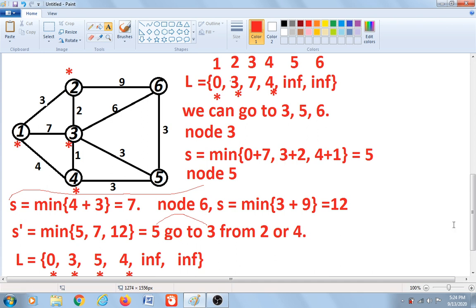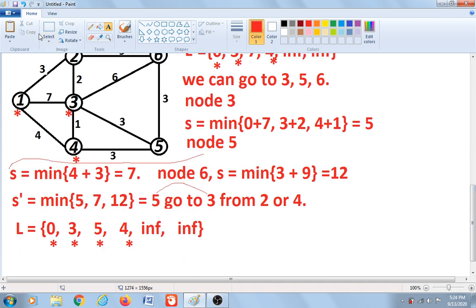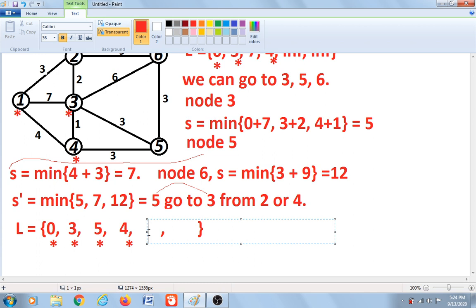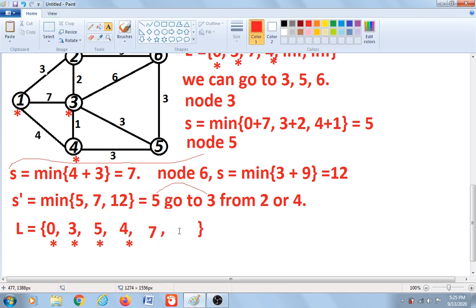They are all permanent nodes right now, so we can remove this infinity. Okay, and remove this infinity, and here we're gonna have 7, and here we're gonna have 12. So they have numbers, but they are not permanent right now.